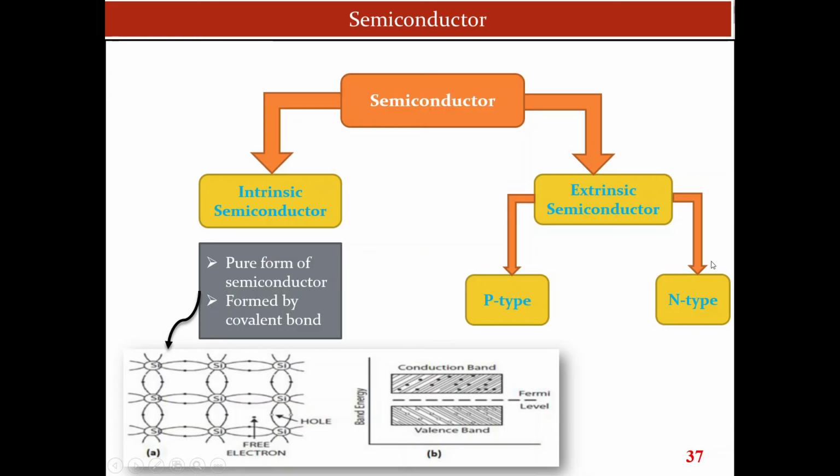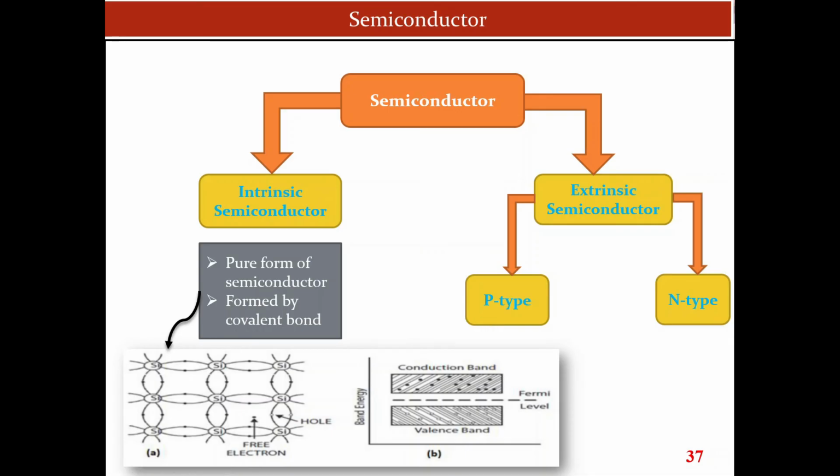But when you add phosphorus, which is atomic number 15, with 2 in the first shell, 8 in the second shell, and 5 in the outermost shell, 4 of them are covalently bonded with silicon and 1 electron will be left. That's why we say it is N-type. But for this one, when you add boron, whose atomic number is 5, 2 in the first shell and 3 in the second, a hole is left.